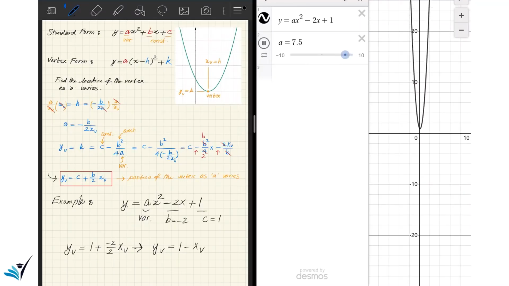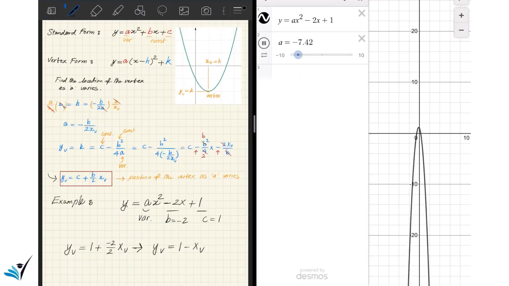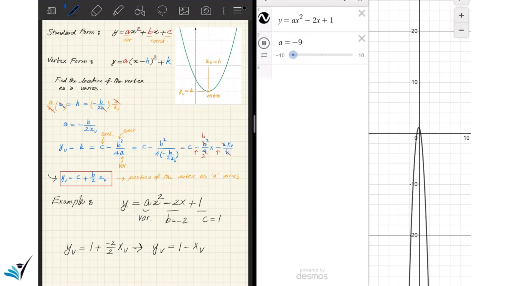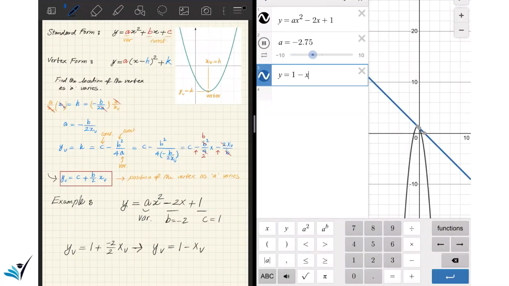This is a line along which the position of the vertex changes as a varies. Let's add this line to our graph. Y is equal to 1 minus x.